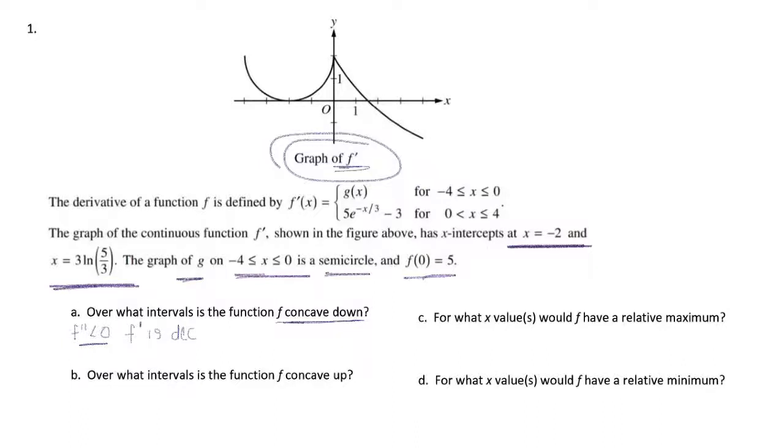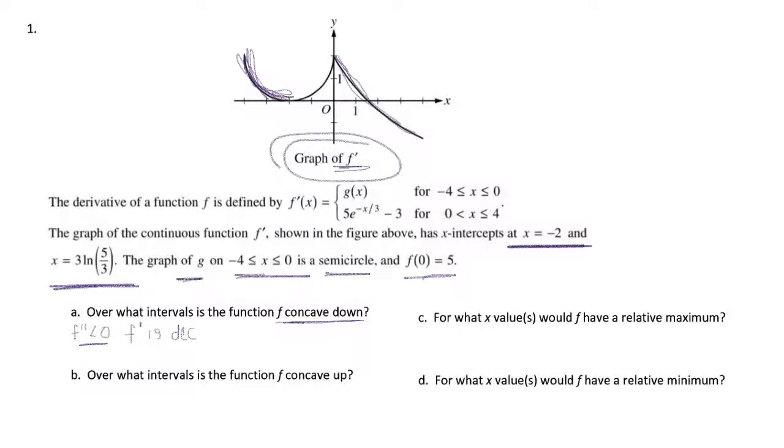For the first one, we are decreasing from way over here, at -4, all the way down here to -2. So in this area I know my function is decreasing. And then I also know over here from 0 all the way out to +4, f prime is also decreasing.